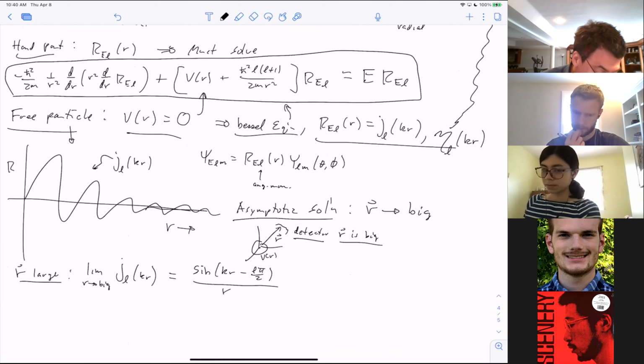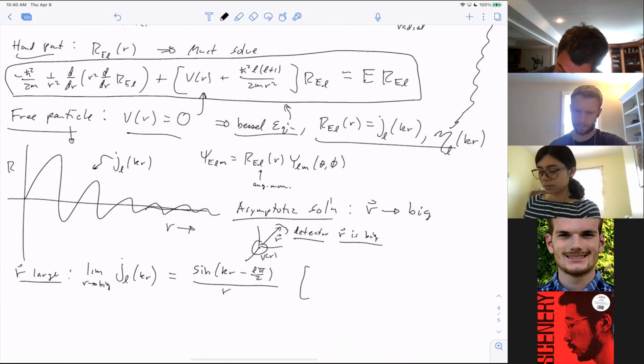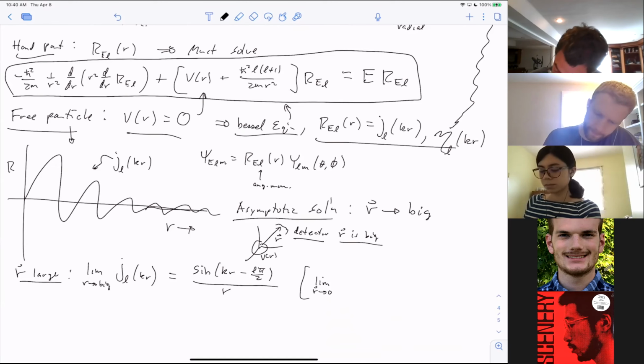I will mention, let's also do small r, the limit as r goes to 0 of j sub L of kr.